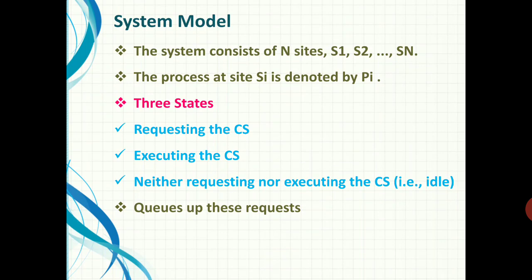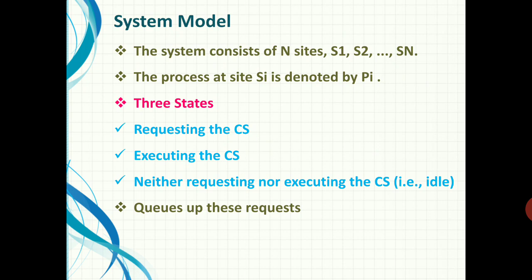A site can be in one of three states. The first is requesting the critical section, the second is executing the critical section, and the third is neither requesting nor executing the critical section, which can also be called the idle state. In the requesting state, the site is blocked and cannot make a further request for the critical section.